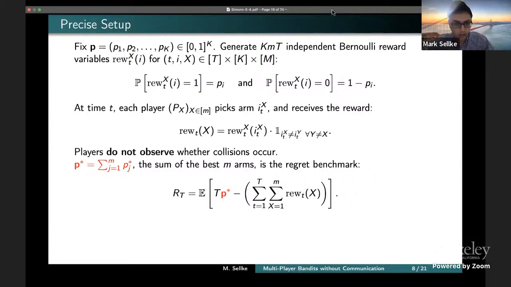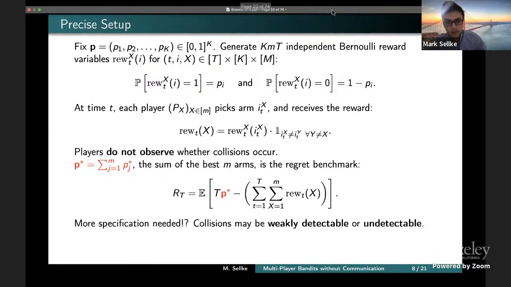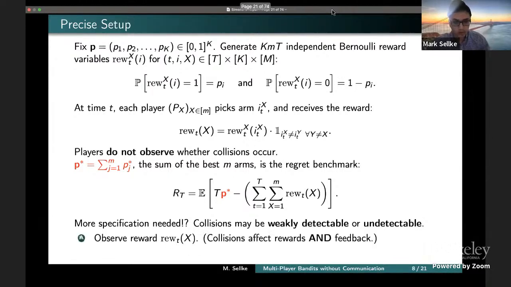Maybe surprisingly, there's still a choice to be made about how to set up the problem, because I haven't told you what feedback is actually received. Here are two very natural models. The collisions can either be weakly detectable or undetectable. If the collisions are weakly detectable, that means we actually observe the reward that we receive.